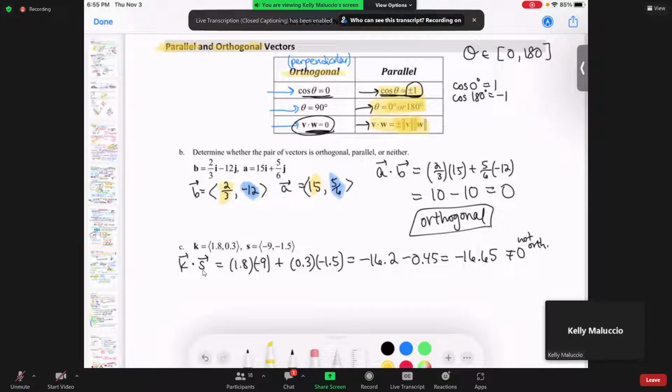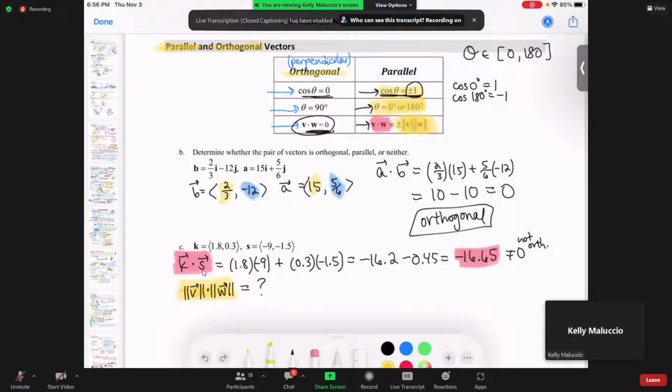We got the dot product, which is on this side, and now we can figure out the magnitude of V times the magnitude of W. If this equals the same thing as what we got up here, then they're equal and it must be parallel.